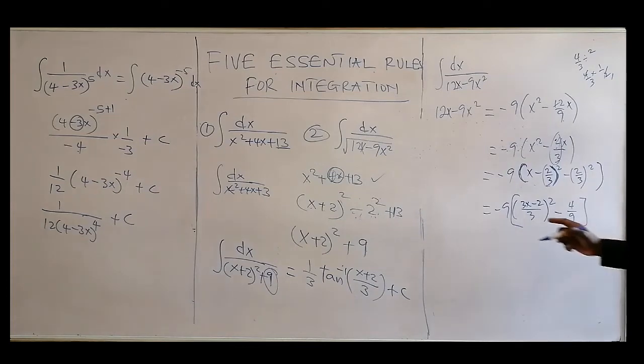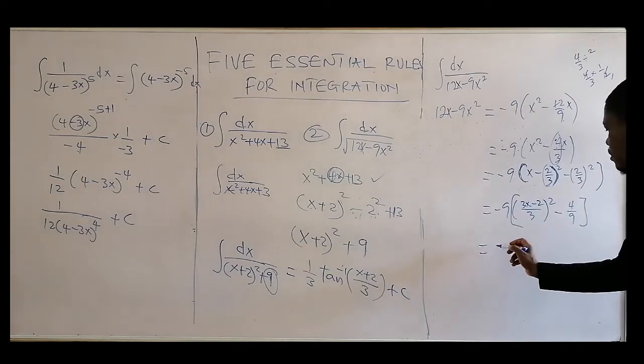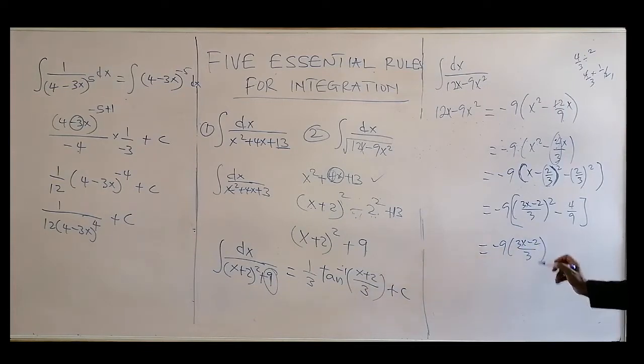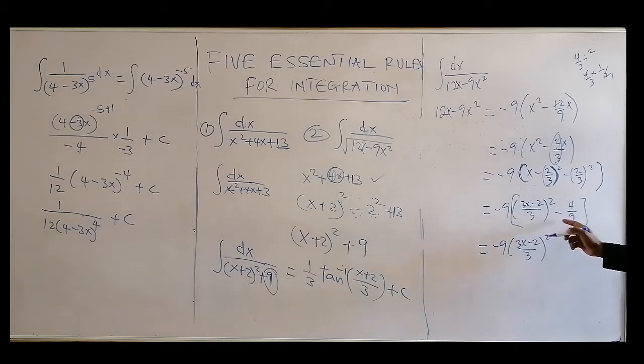I think this minus 9 can come in, then we can have minus 9 into brackets (3x minus 2) over 3 squared, and then minus times minus is plus, that will become 4.